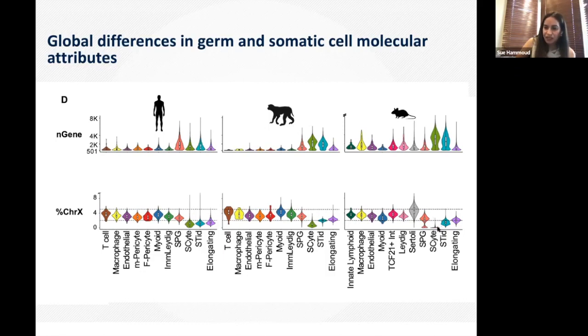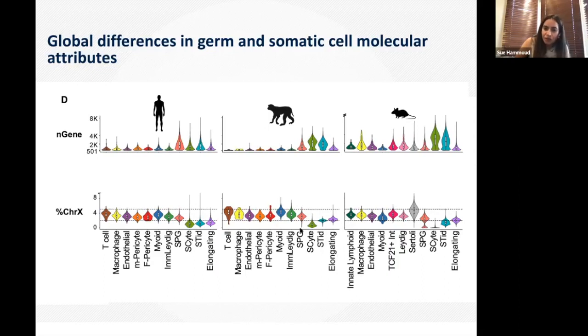And so what we know in mice is that the number of these XY chromosomes should be silenced. And we know in mice from our single-cell RNA-seq data, there doesn't appear to be very much X chromosome transcripts that is being detected specifically in the spermatocyte population.